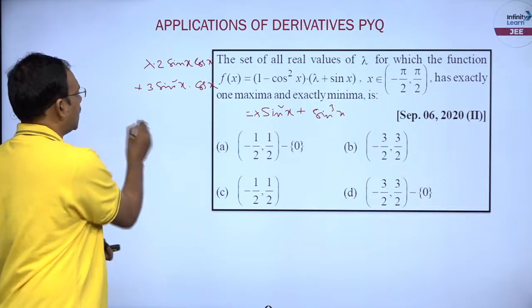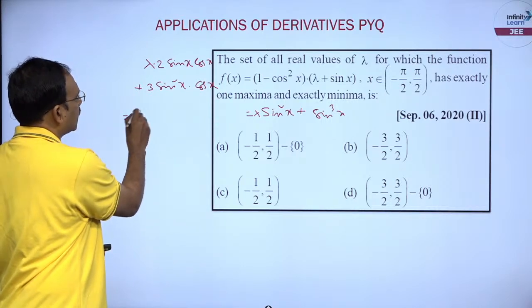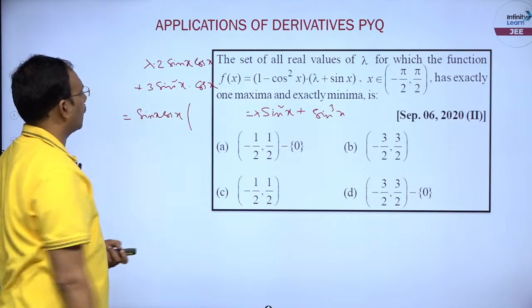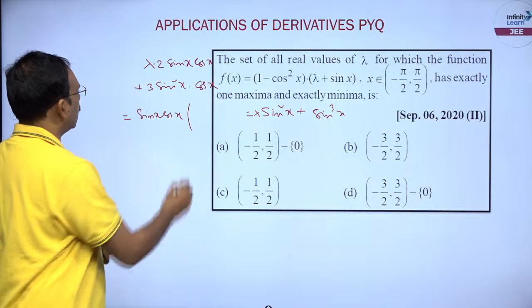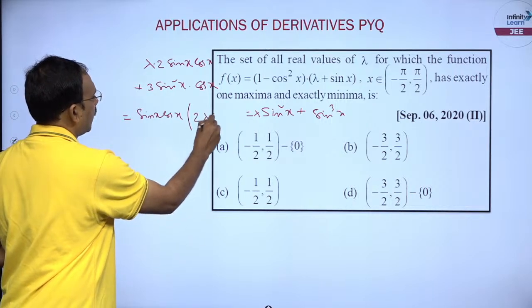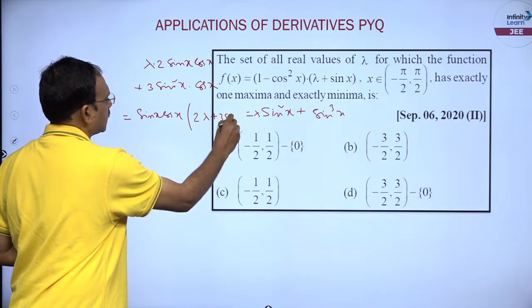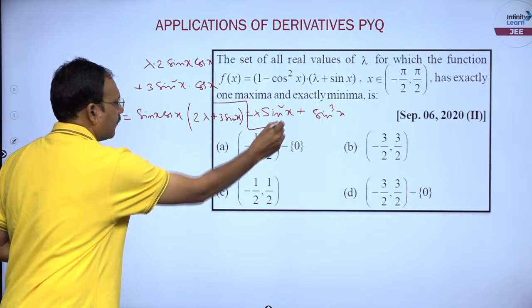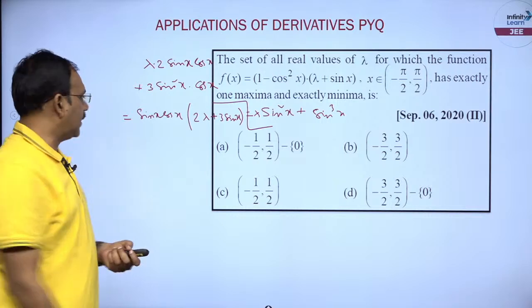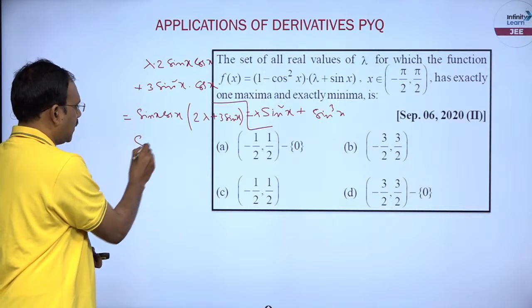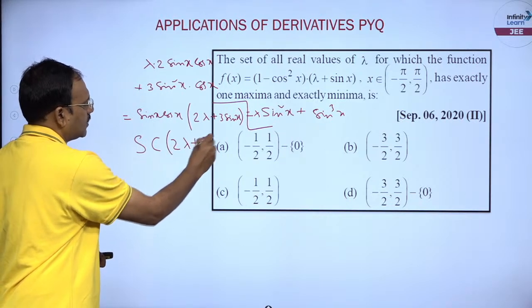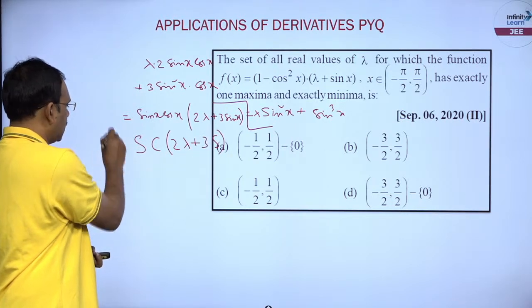I can say you can take sin x into cos x common, so that you will get 2 lambda plus 3 sin x. Okay. You just see, friends, where the first derivative becomes 0. I think you got my point. This is sin x into cos x into 2 lambda plus 3 sin x, it is f dash x.